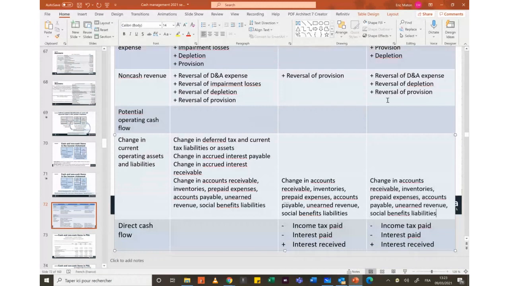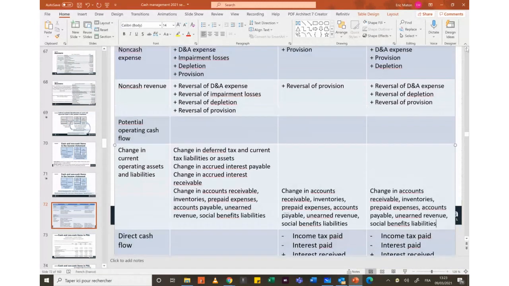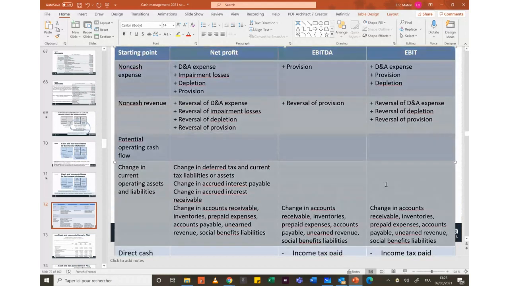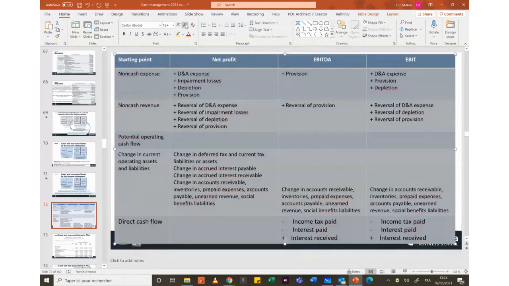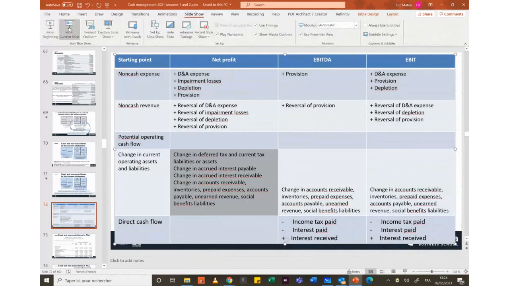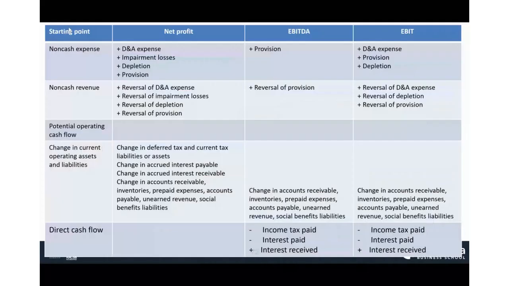In function of the starting point, you don't include the same items in the steps 1, 2, 3, 4 of the indirect methods. So in function of the first line of the statement of cash flow with indirect methods, you don't include the same items.